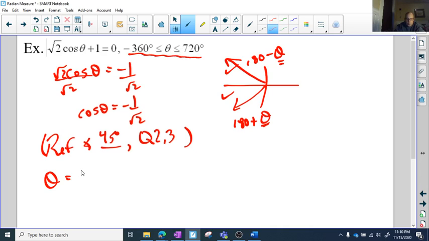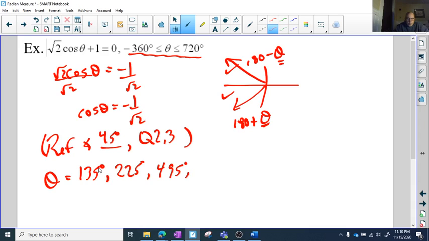So I'm going to get 180 minus 45, 135, and 180 plus 45, 225. Because I'm allowed to go to 720, I'm going to now get 2 more angles in the same place as these 2 by adding 360. So 135 plus 360 is 495.